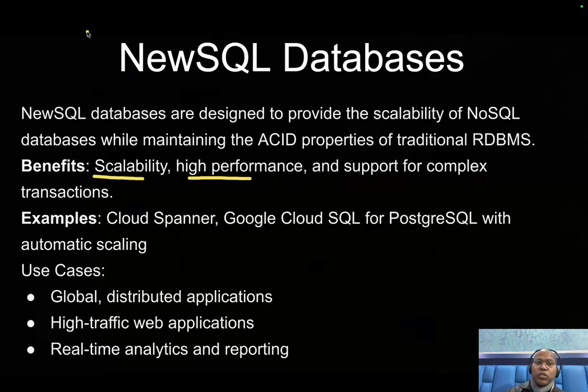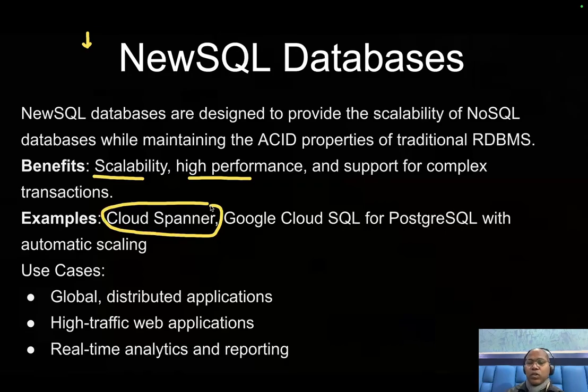For those scenarios, Google has built a Google Cloud native database, Cloud Spanner. Cloud Spanner is a database that supports high availability, horizontal scaling, and large volumes of data.